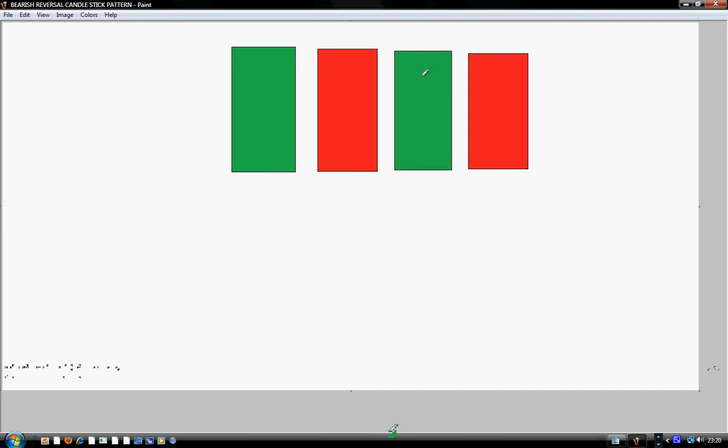I repeat, the third candle must not rise above the high of the second candle. But there are sometimes some exceptions. That's what I want to show you now, and you may understand why. There are sometimes exceptions where the price may close above the high of the second candle, but when you are trading that particular exception, you need to be very careful because it's not perfectly set up.